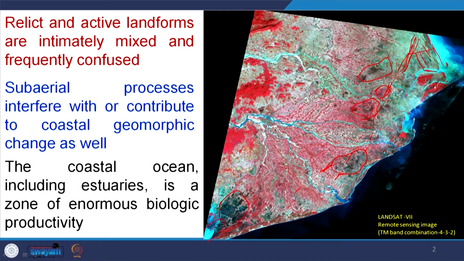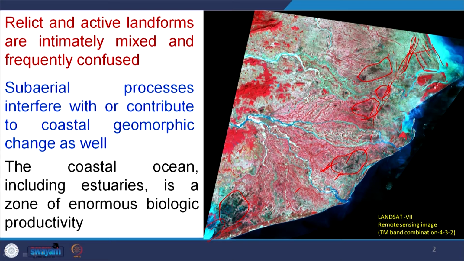Those estuaries are very fertile for the production of biogenic material, and these organic activities create their own landforms. So we have relict landforms, biological landforms, Aeolian landforms, marine landforms, river landforms, and glacial landforms.